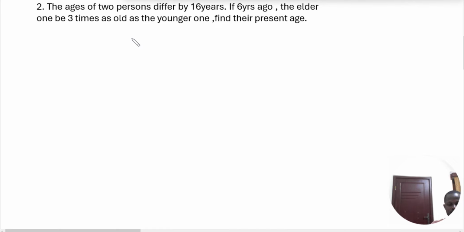So let the younger one's age be equal to x.